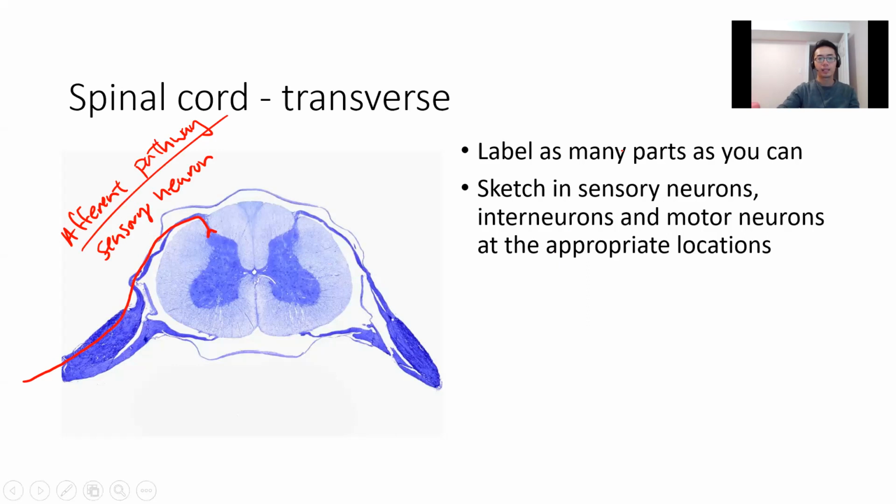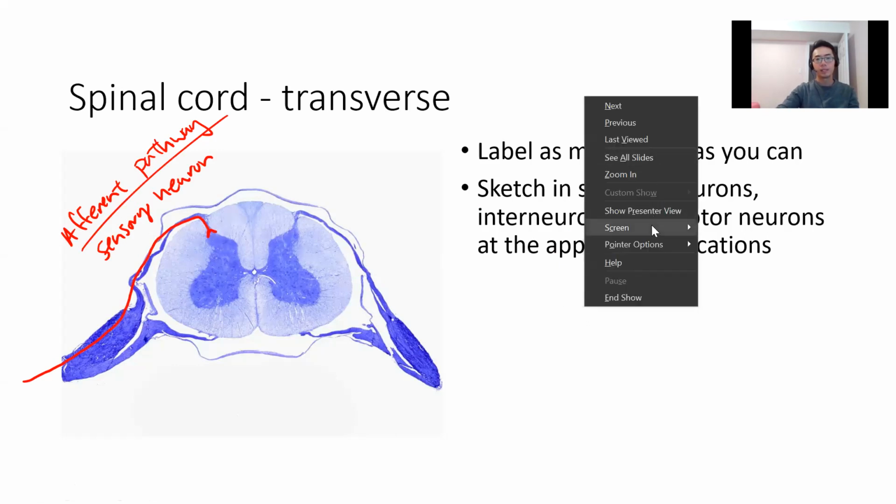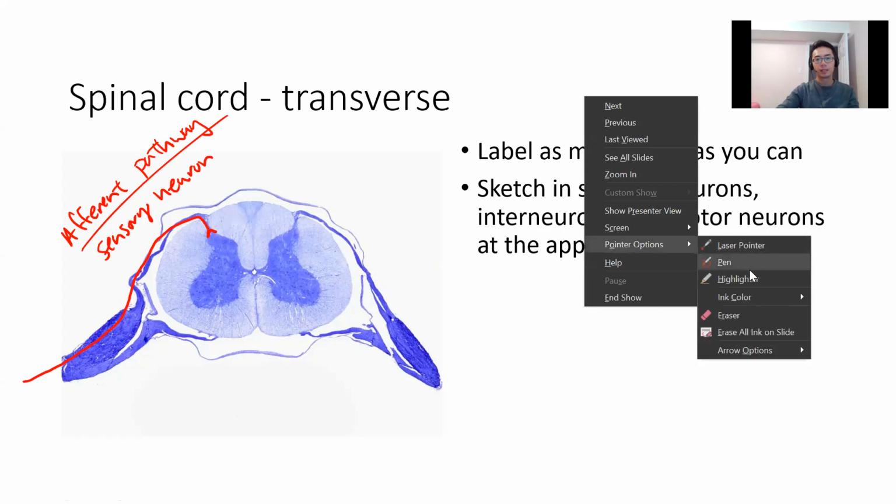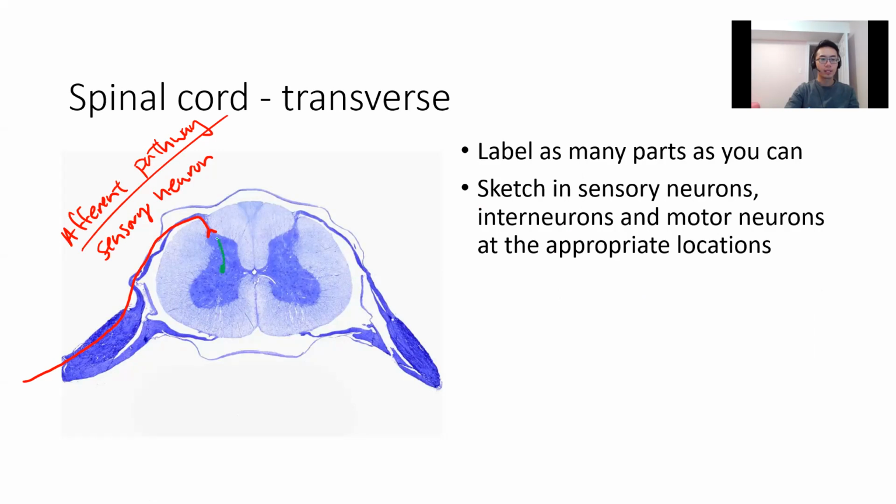And then what's going to be in here? Gray matter. That is the interneuron. That's right. Interneuron, the gray matter.